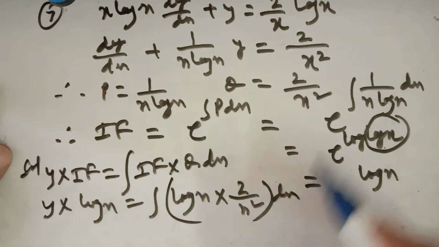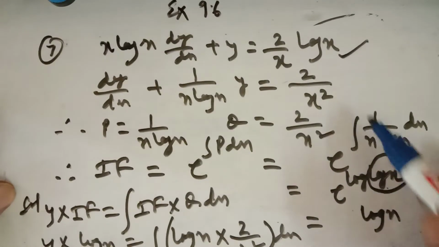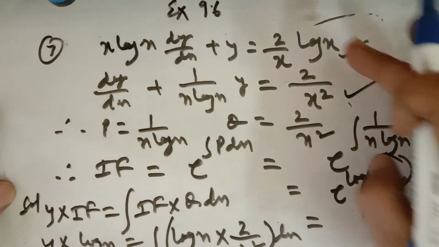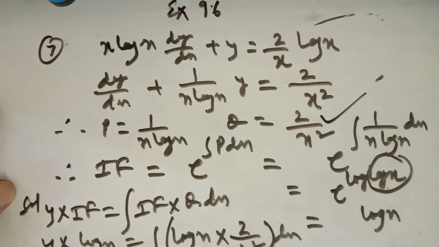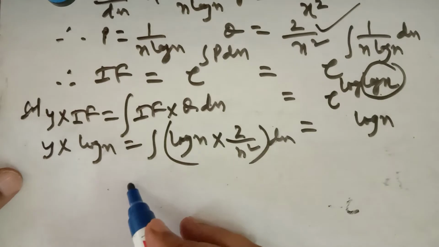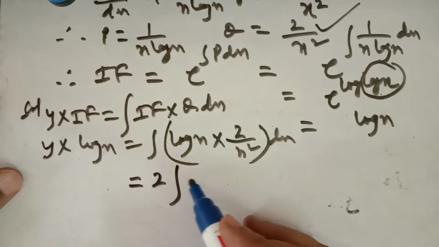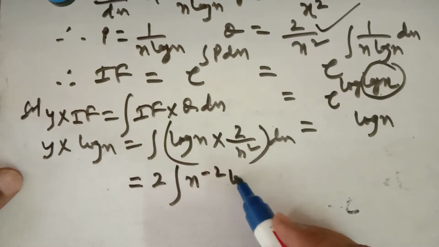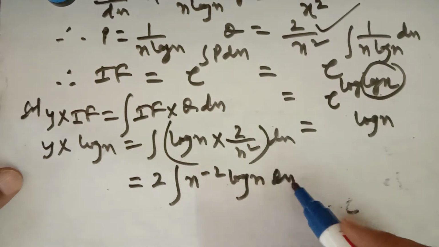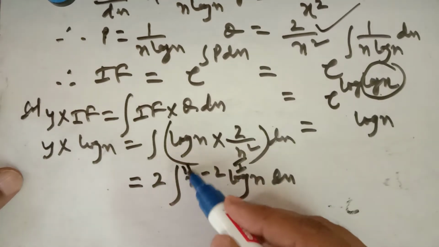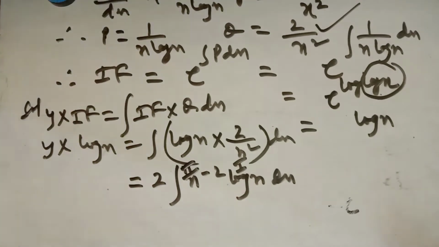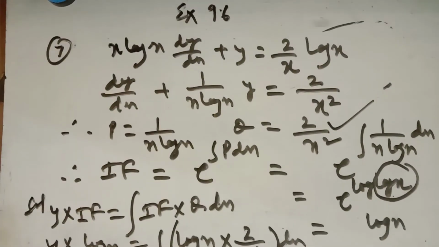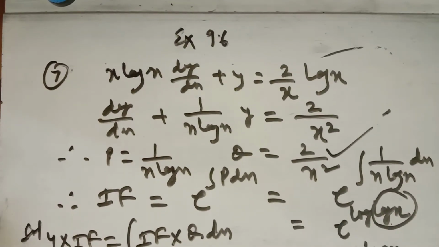Now you can integrate this by parts, x to the power minus 2 log x, taking log x as the first function and x to the power minus 2 as the second function. So you can easily integrate this. This is question number 7, which is not in the standard form. We have converted it into standard form by dividing the whole equation by x log x.